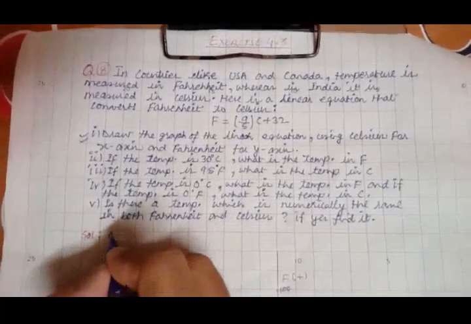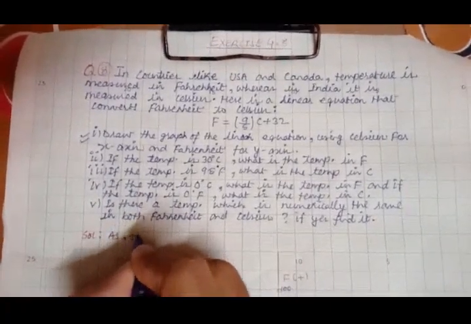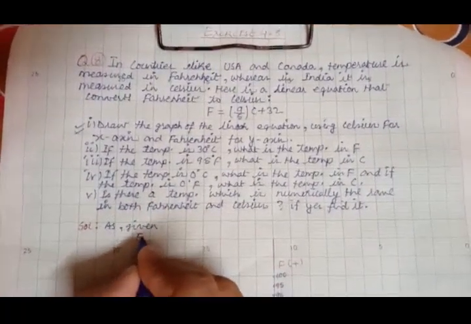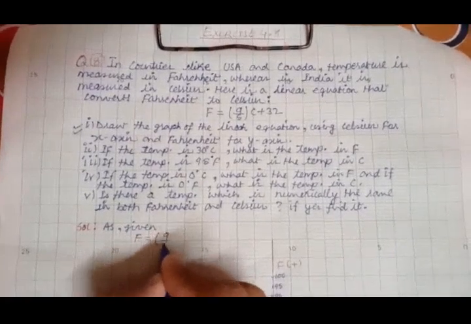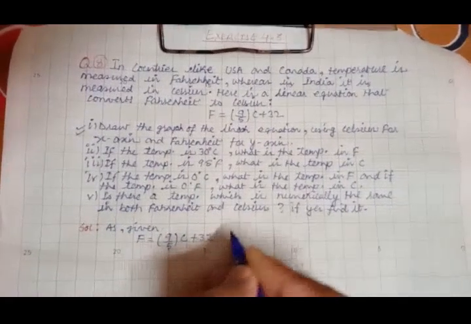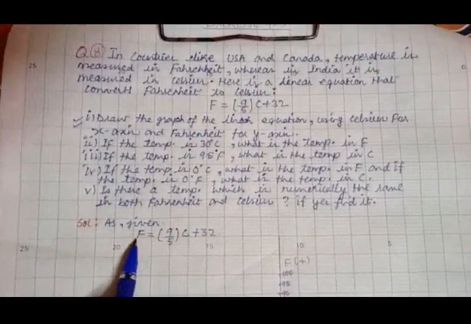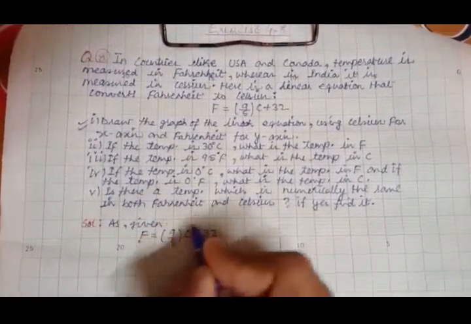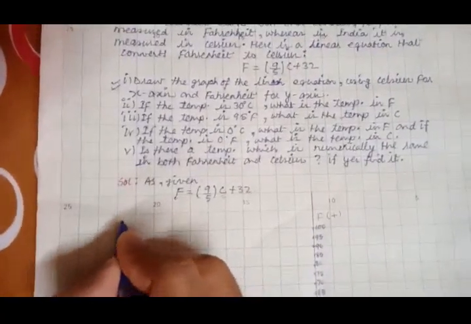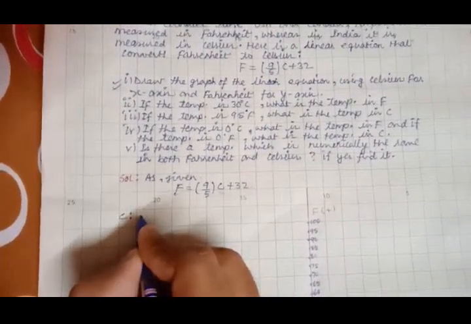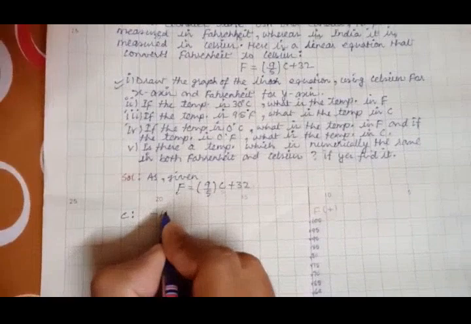So as we are given, that linear equation is Fahrenheit equals 9 upon 5 times C for Celsius plus 32. In order to draw the graph of this linear equation, we must calculate Fahrenheit for different values of Celsius. For the sake of convenience, I used Celsius as minus 15.